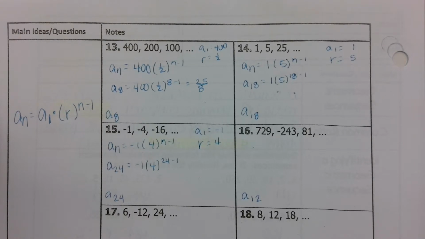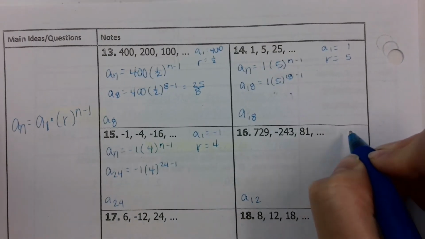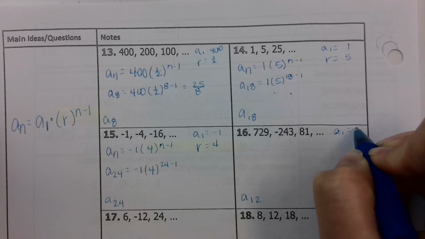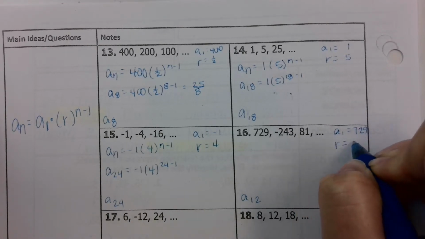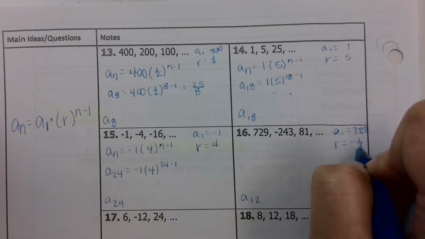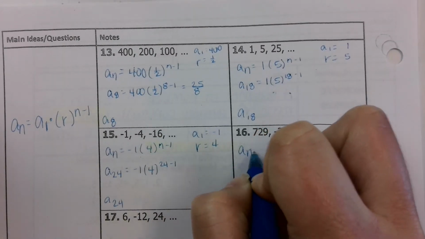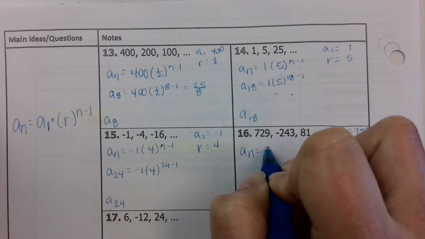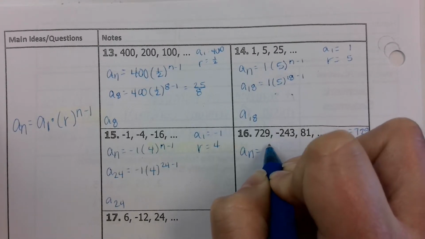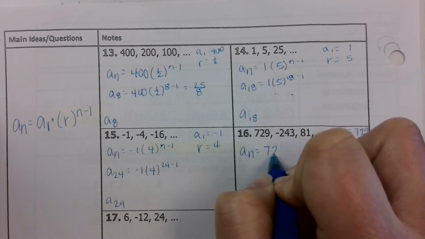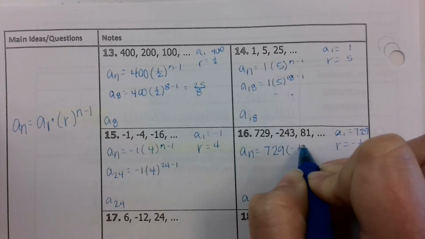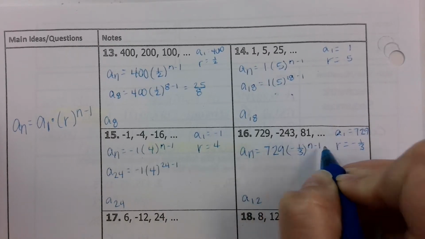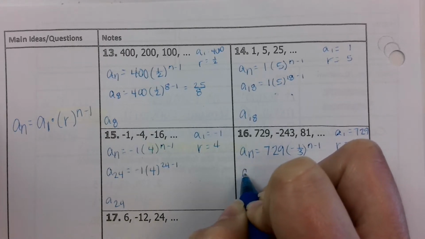All right, so for number 16, what is our A1 value? 729. Our R, the common ratio? Good, -1/3. So when we write our formula, A sub n equals 729 times -1/3 to the n minus 1.